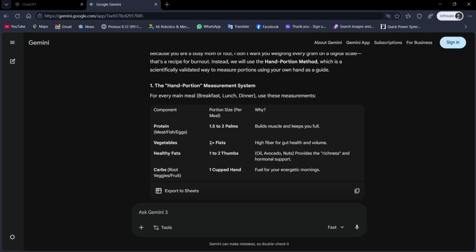Vegetables, 2 plus fists, high fiber, gut health and volume. Healthy fats, 1 to 2 thumbs. Wow. Carbs, 1 cupped hand. Wow, this is really a valid measuring system.